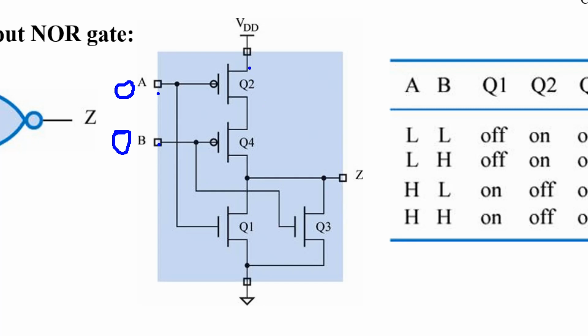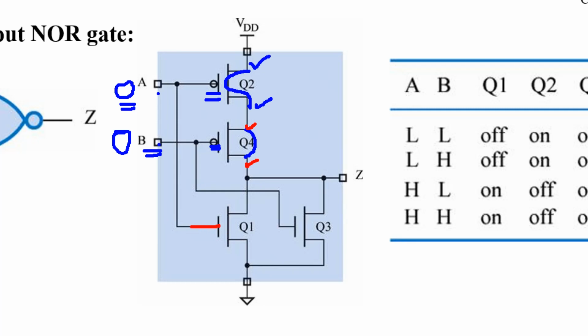This one, how about this one? It's active low, right? There is an inversion bubble circle here. So when you apply low, this transistor will be turned on. That means it will short between this point and this point. And terminal B, input B, is applied with logic low, so this one turns on. It will short between this point and this point. How about this one?